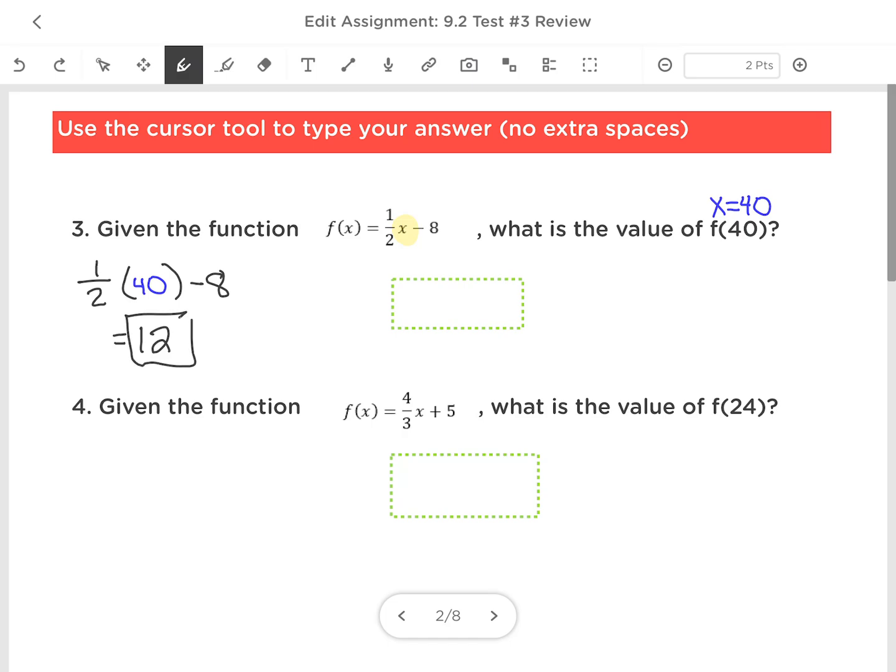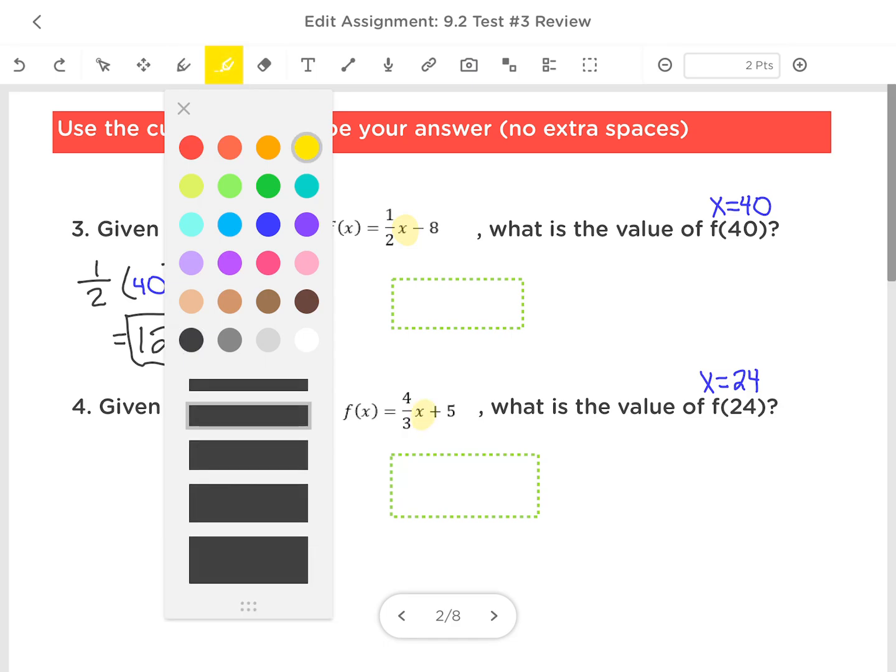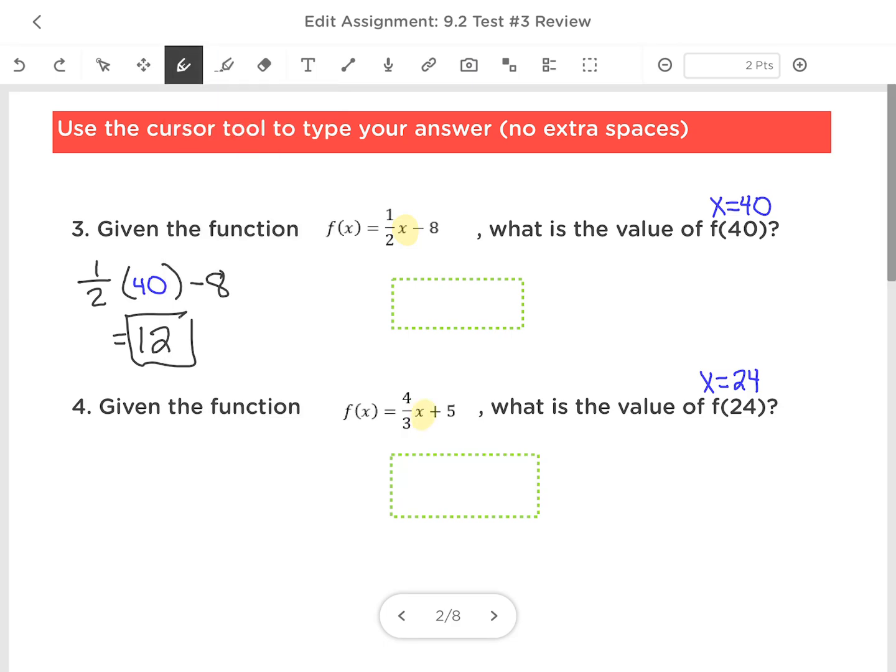Okay? So the next one, given the function f of x equals 4/3 x plus 5, what is the value of f of 24? Again, that's telling me that x equals 24. So we're going to just change this x to the number 24.